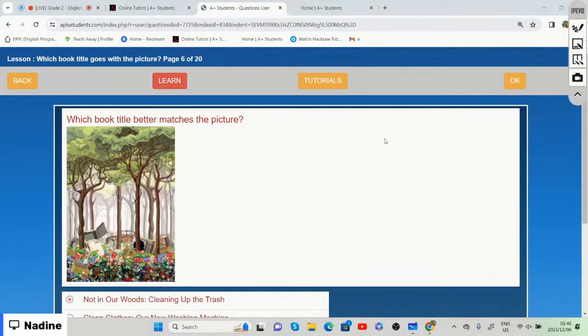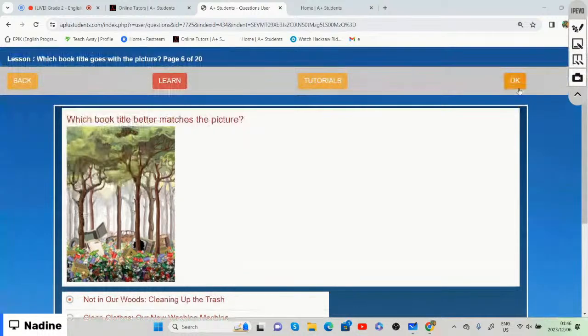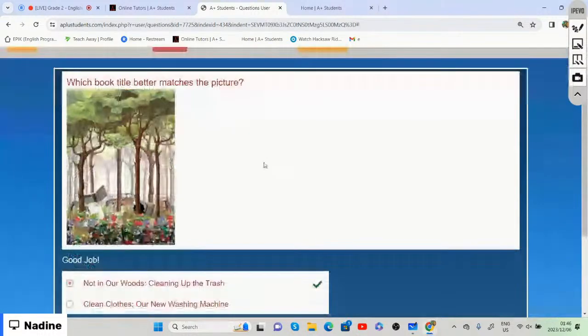All right, so we're going to stick to Not in Our Woods, cleaning up the trash. Yes, and the first one is correct. So well done. The first one is correct.